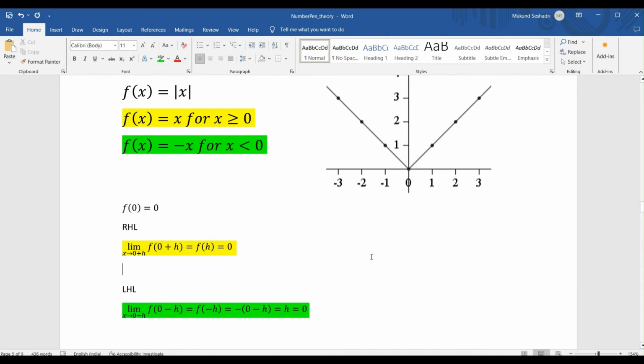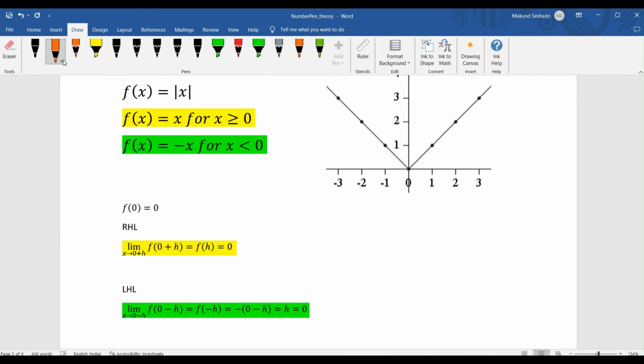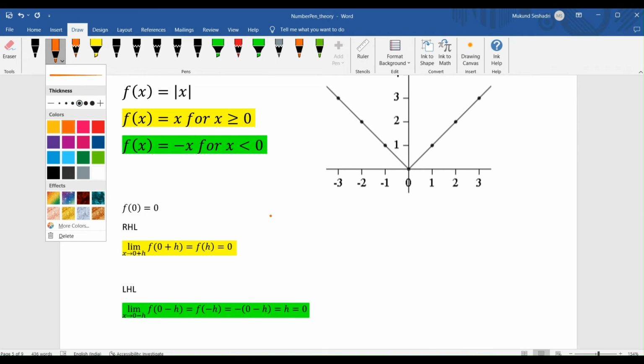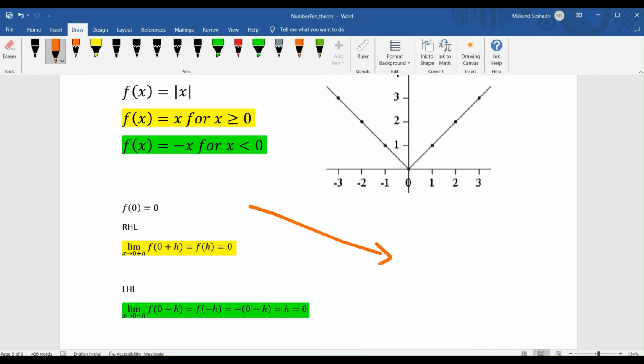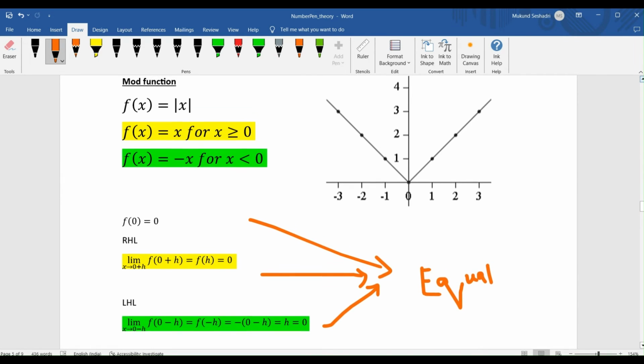So here again we have all the three equations: f of 0, the equation which is your right hand limit, and the equation which is your left hand limit, all are equal, right? So hence we know that the function mod of x is continuous at x equals 0.